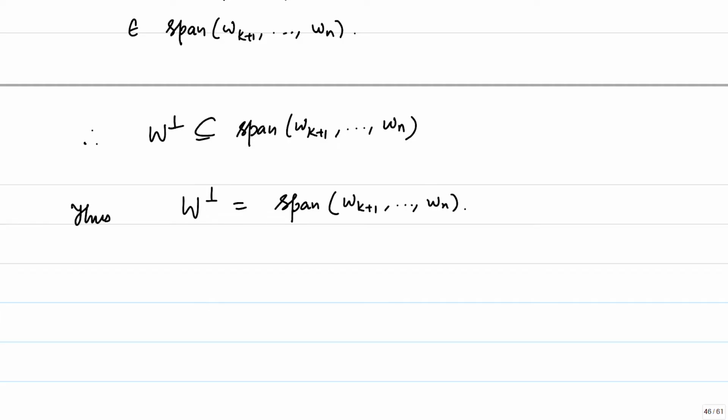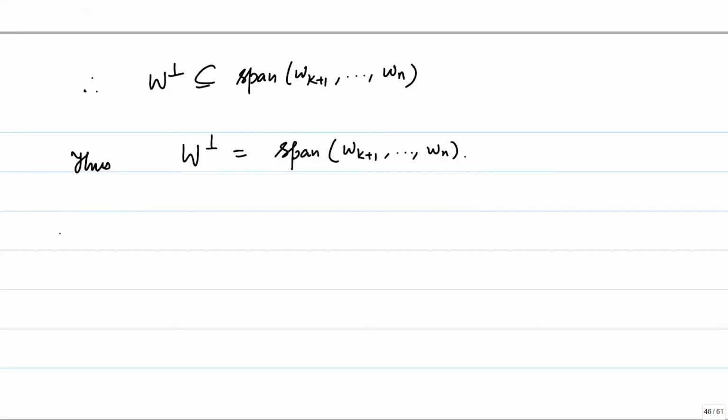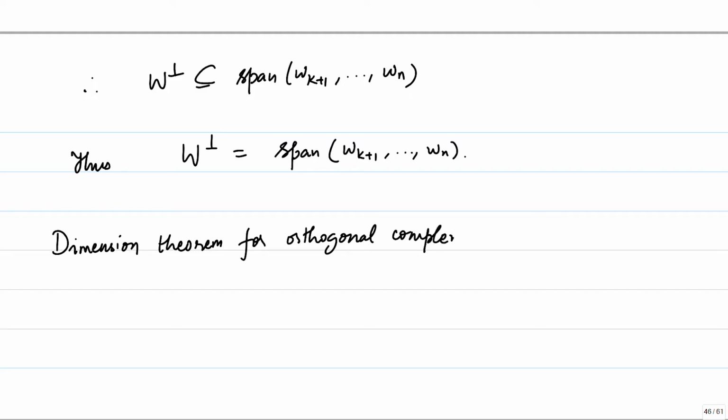So, this is not just giving us an explicit basis for the orthogonal complement, it also gives us a dimension theorem. For orthogonal complements, what it tells us is that the dimension of the orthogonal complement is n minus k.